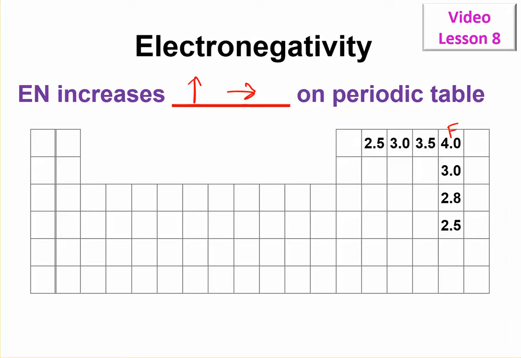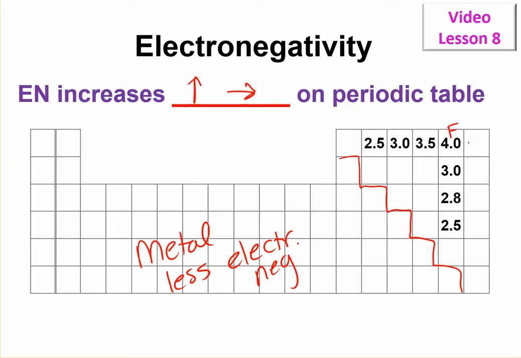And you can see that in general, the metals have a low electronegativity, and the nonmetals up here are more electronegative.